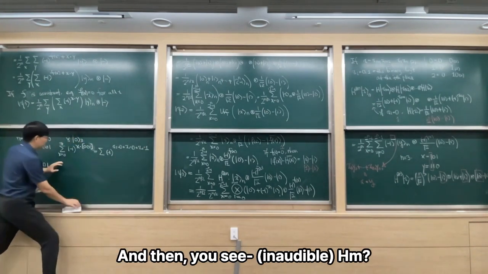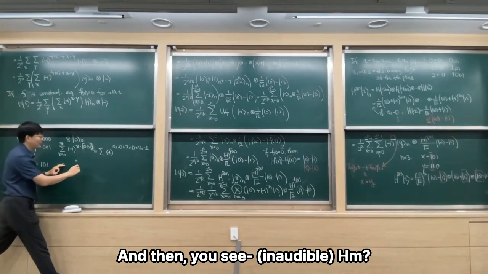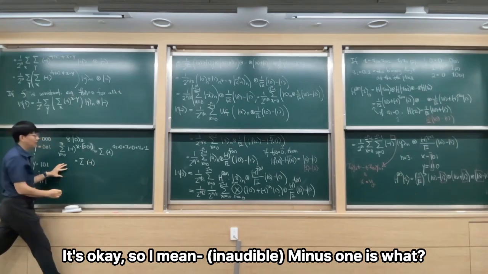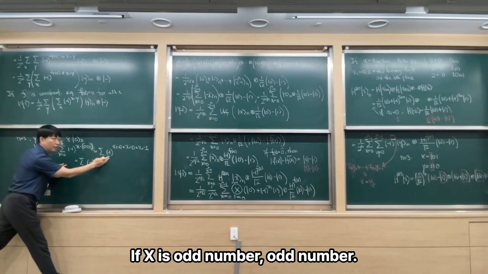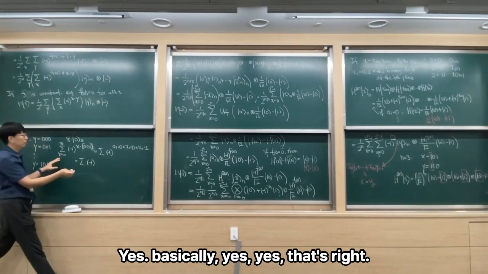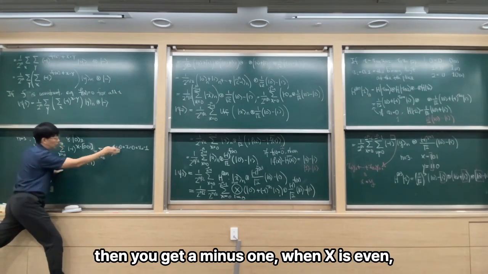And then you see, minus 1 is what? If x is an odd number. When x is an odd number. Yes, basically, yes, that's right. So when x is odd, then you get a minus 1.